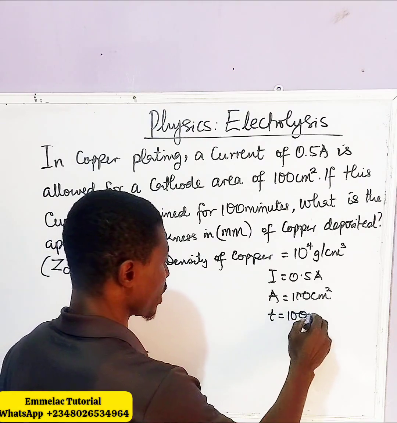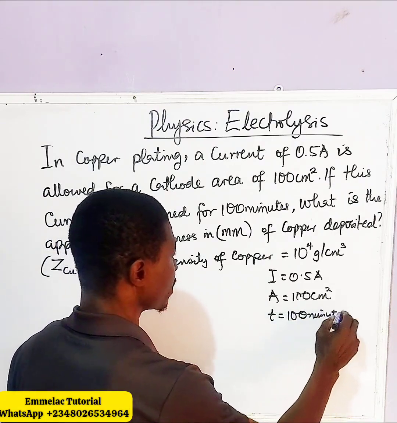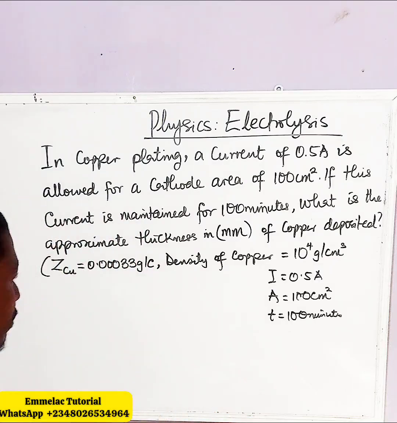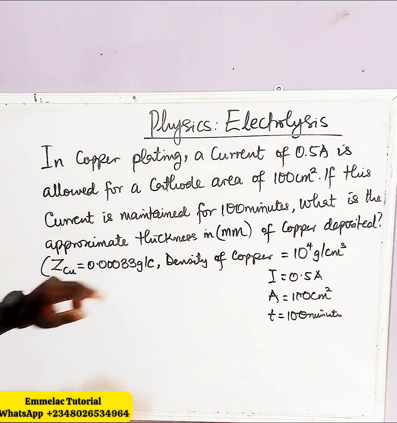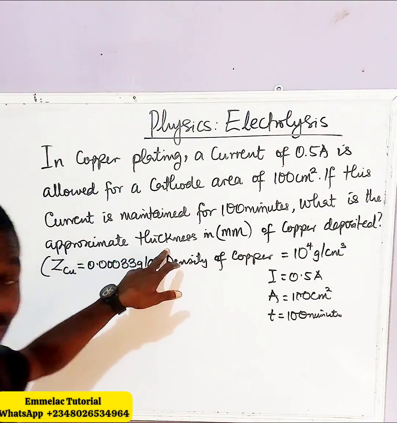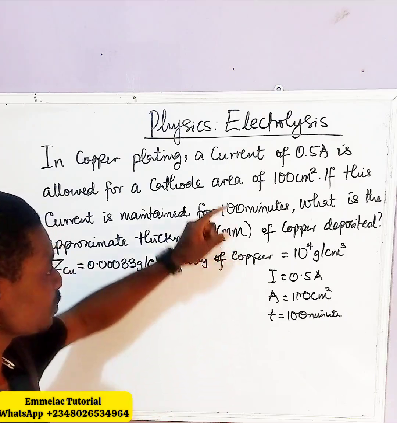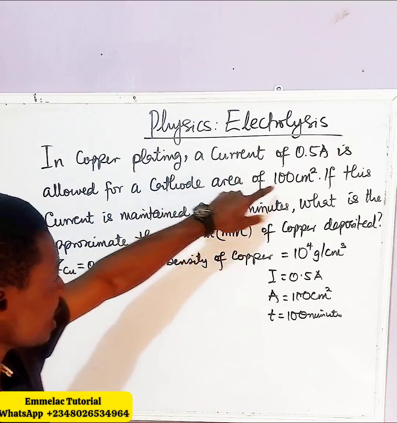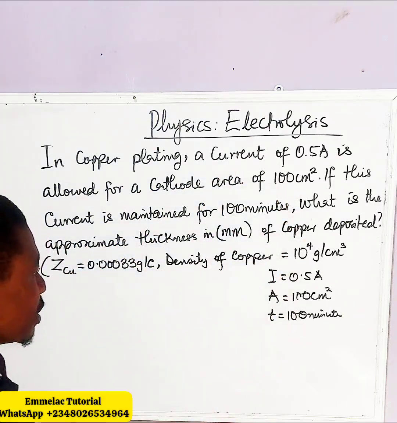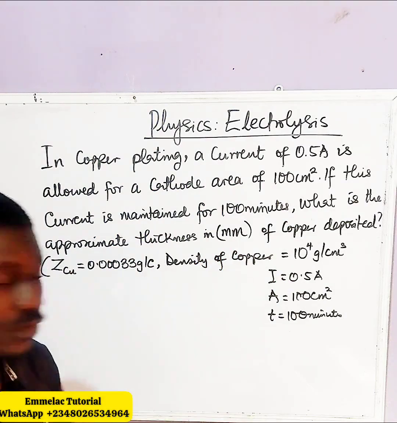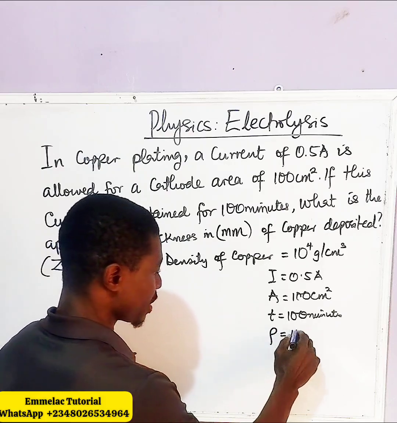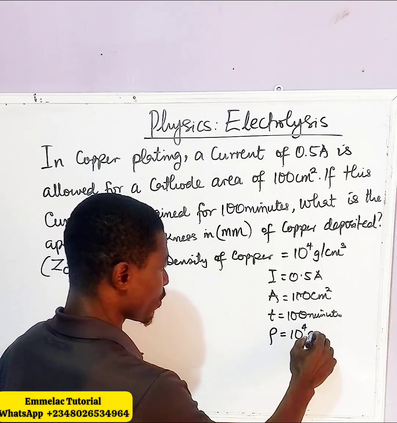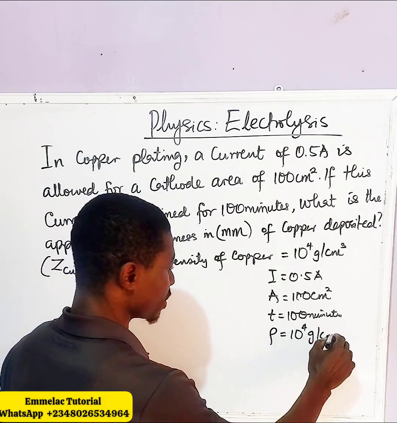as 100 minutes. Okay, and we are told that we need to find the thickness in millimeter, and take note, all the units here are in centimeter. Now we are given that the density of the copper is 10 raised to the power of 4 gram per centimeter cube.